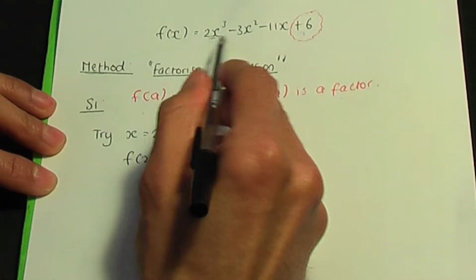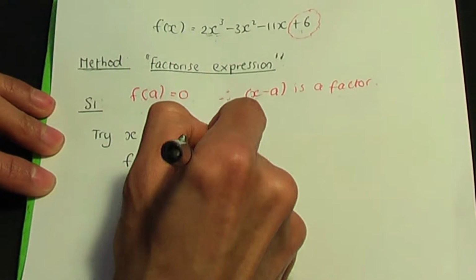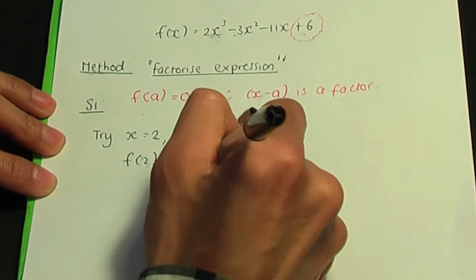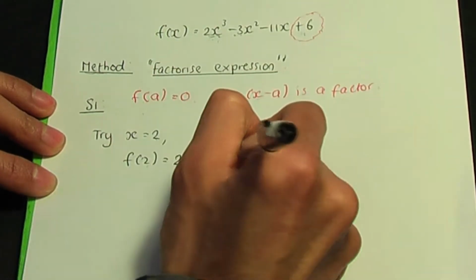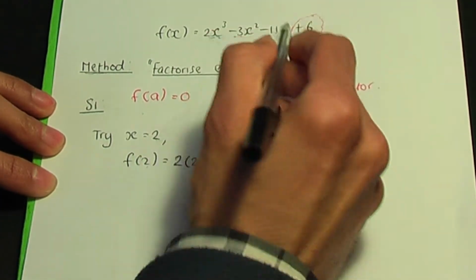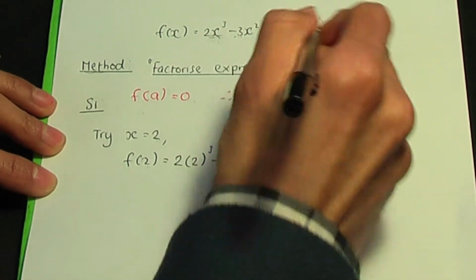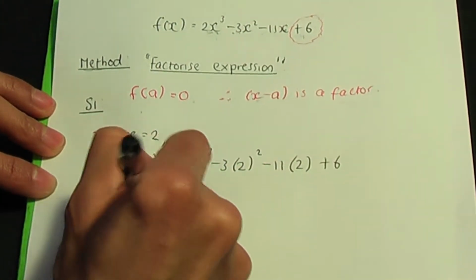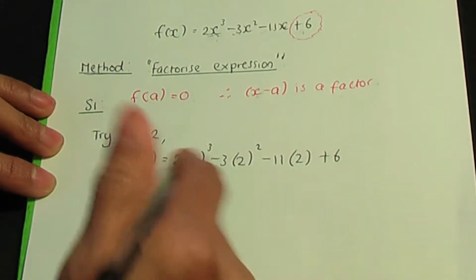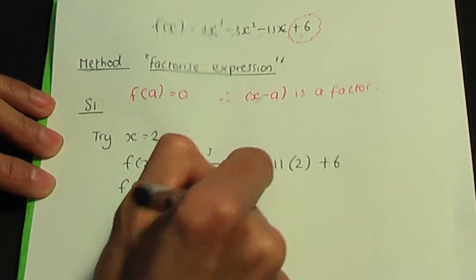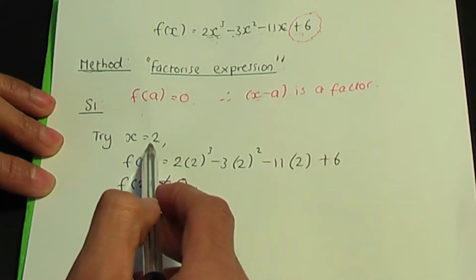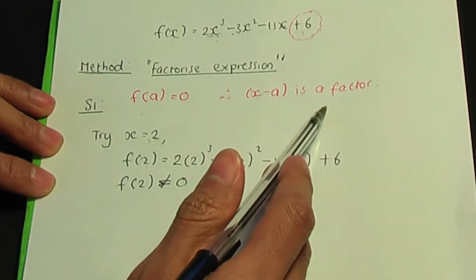If I replace all of these x's by 2's, I'm going to have 2 times 2 cubed, minus 3 times 2 squared, minus 11 times 2, plus the 6 at the end. By calculating f of 2, the answer, I can tell you, is not 0. That means x minus 2, the value that we tried, is not a factor.